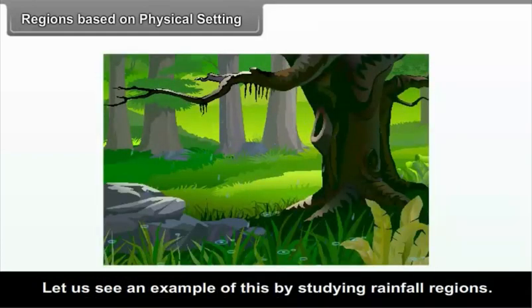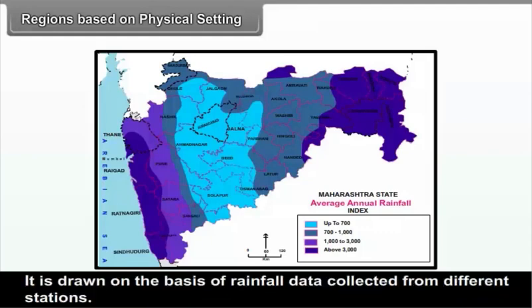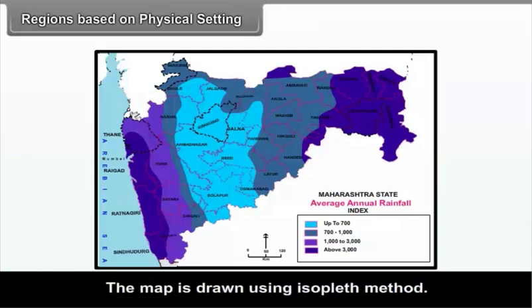Let us see an example of this by studying rainfall regions. Figure 1.4 shows the map of rainfall distribution in Maharashtra. It is drawn on the basis of rainfall data collected from different stations. The map is drawn using isopleth method.